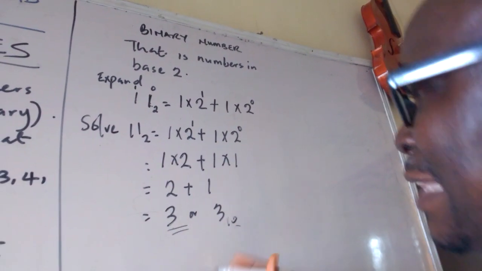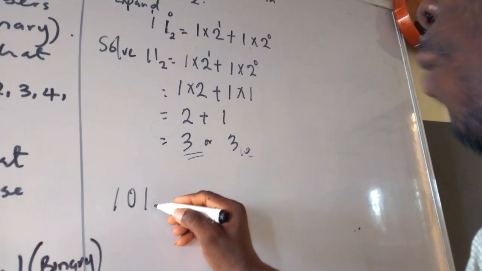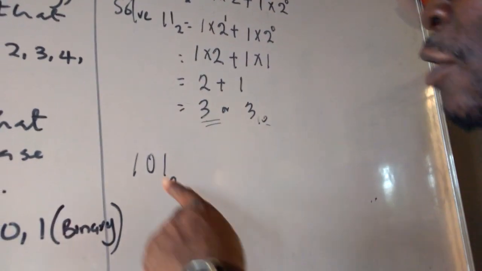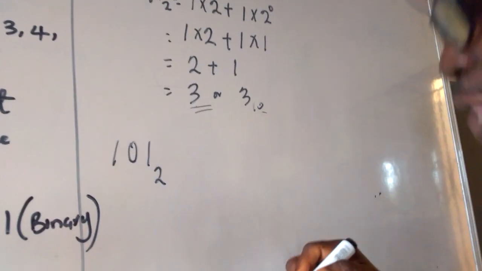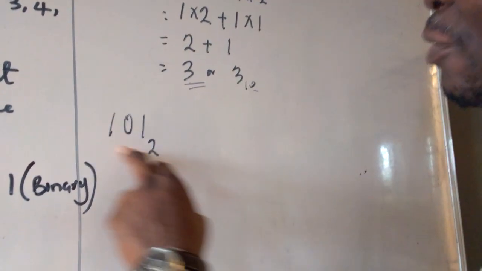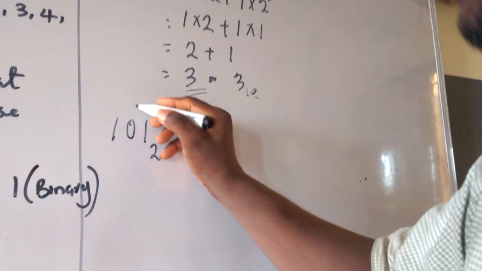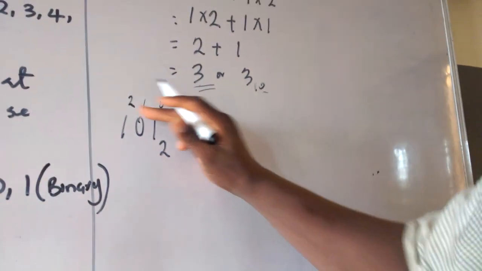Also, they can ask us to solve 101 base 2. Because this number is in base 2, we cannot see any value bigger than 1 in it. If it's in base 3, we can't see any value bigger than 2. So what will I do? So that I will not make mistakes, I write my indexes on top.